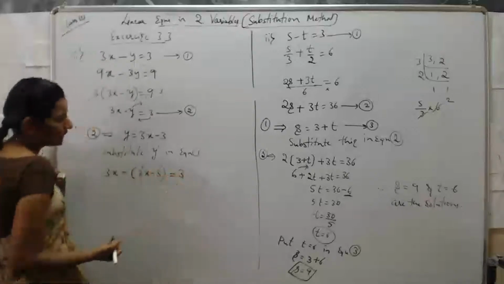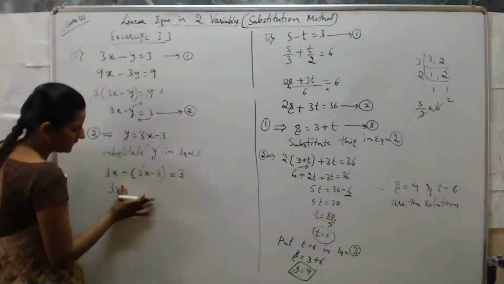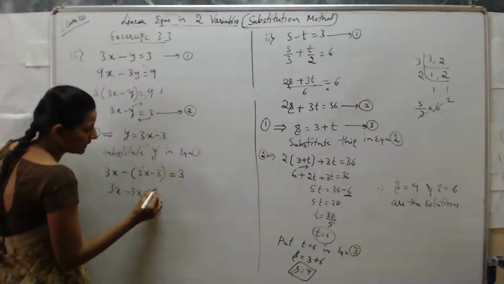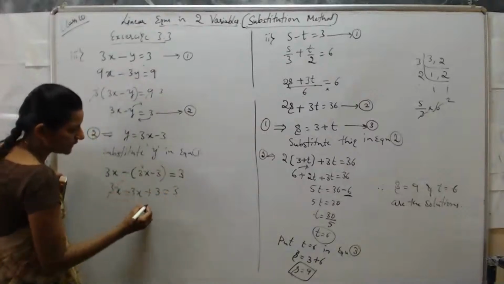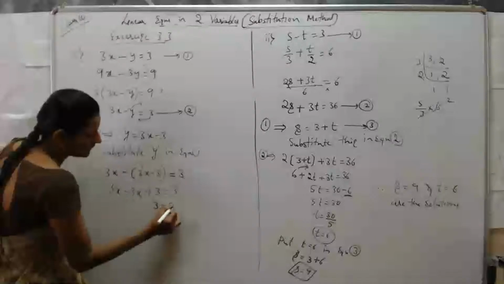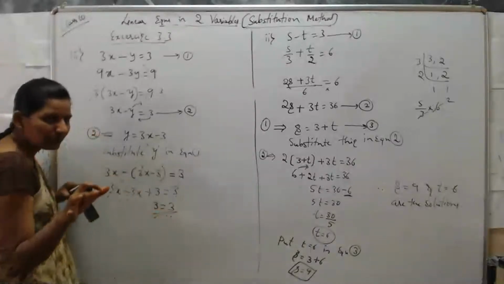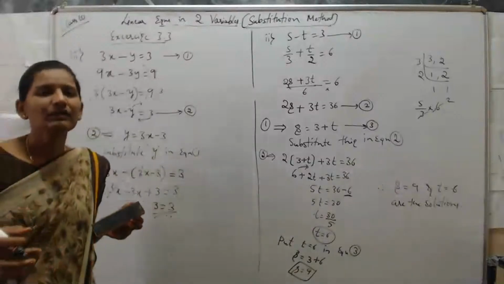So 3x minus 3x minus 3, minus into minus plus 3 is equal to 3. See here, minus 3 plus 3 can cancel. The remaining is 3 is equal to 3. We don't get any x value and y value.